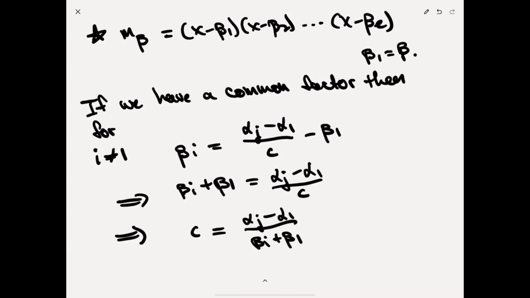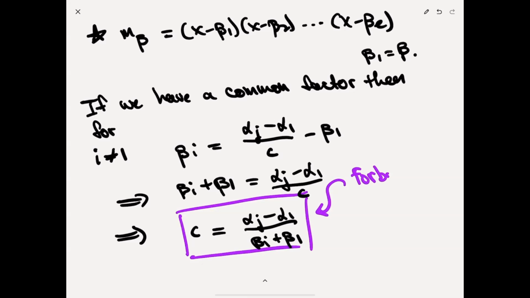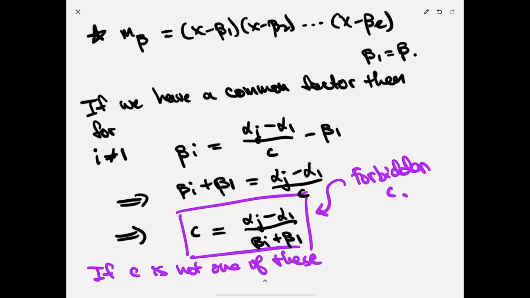All right, and so this gives us a forbidden list, finitely many forbidden c. As long as c isn't one of these, we can't have a common factor. So if c is not one of these, there will be no common factor.